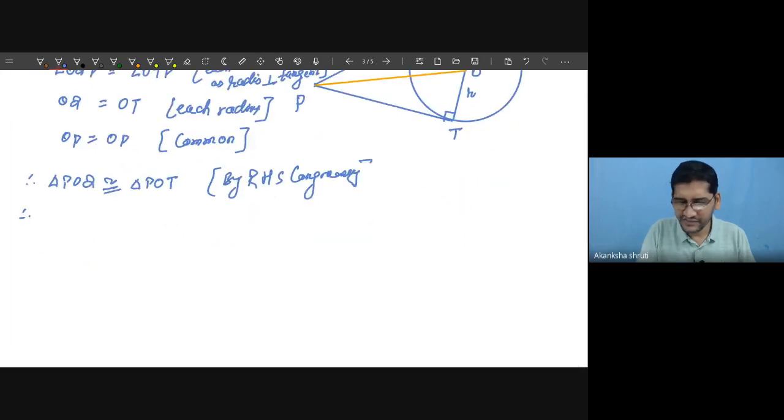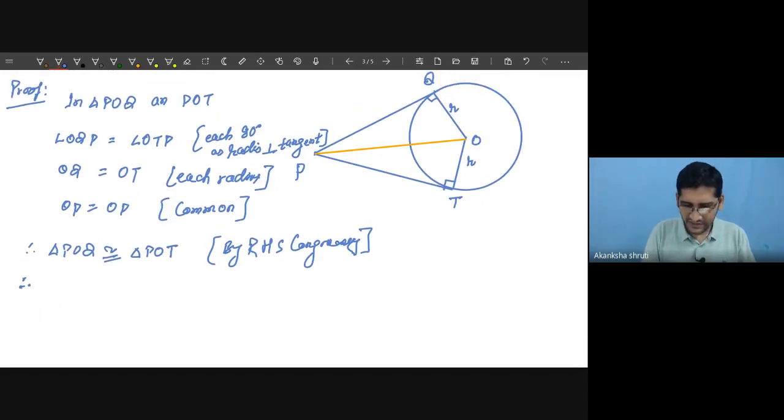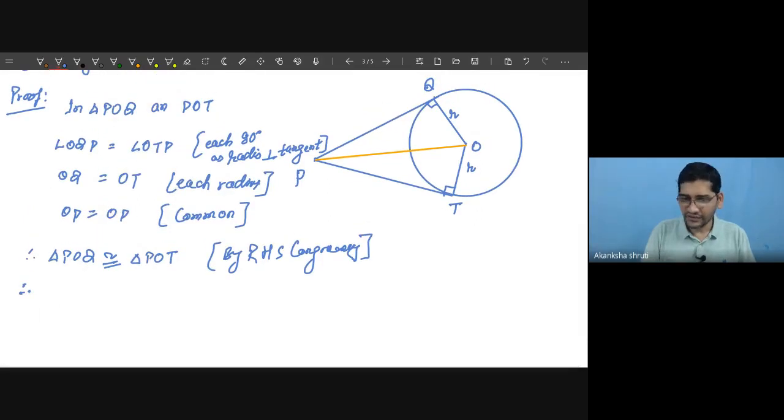Therefore, the length in triangle POQ which is not given equal, it is our PQ, will be equal to PT, the corresponding length in the other triangle.